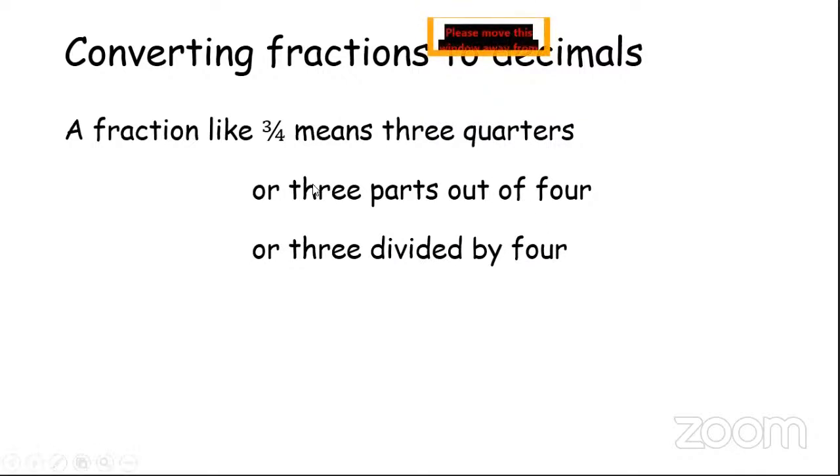So if we wanted to convert this into a decimal, we would say 3 divided by 4. Do we still remember how to do this division? Yes, teacher. So 3 divided by 4, which answer do we get?